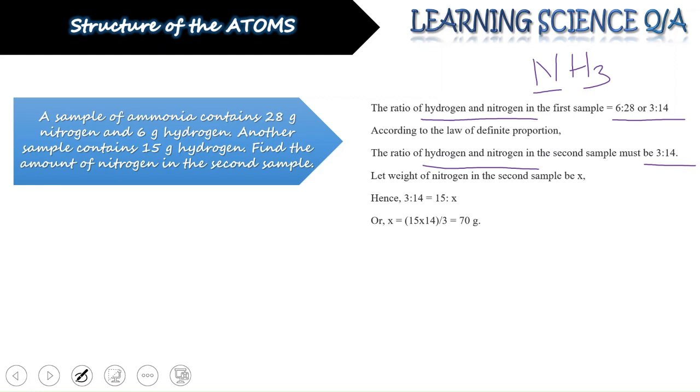To calculate the weight of nitrogen in the second sample, we can simply equalize both values, like 3 is to 14 is equal to 15 is to x. And in this way, it can be solved. The answer is 70 gram of nitrogen.